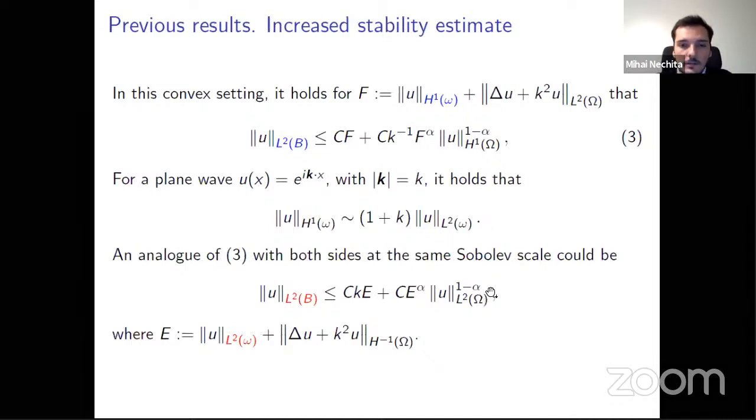And now the corresponding inequality could be the one at the bottom. So here we see that now we would have a stronger dependence on the wave number k. And the norms would be the ones that we want for numerical analysis. So this could be what we could expect from the previous results.